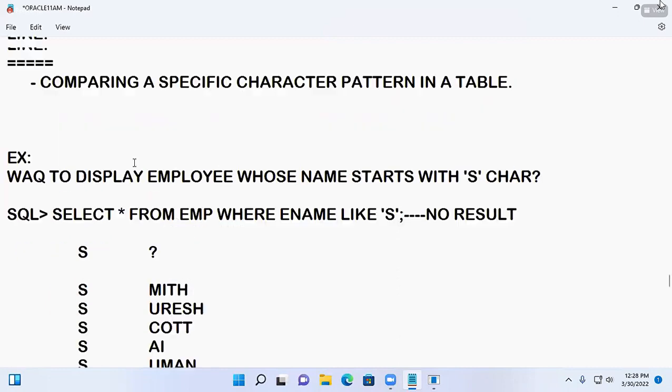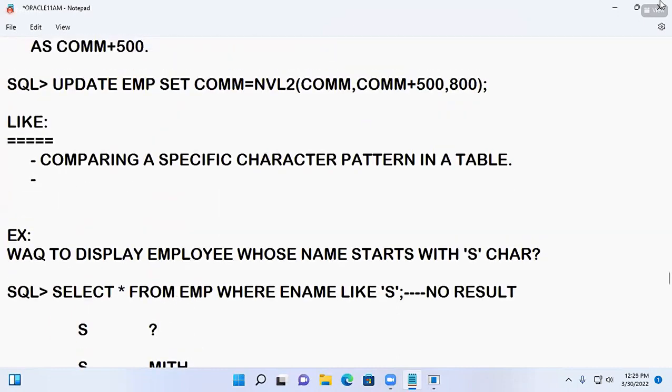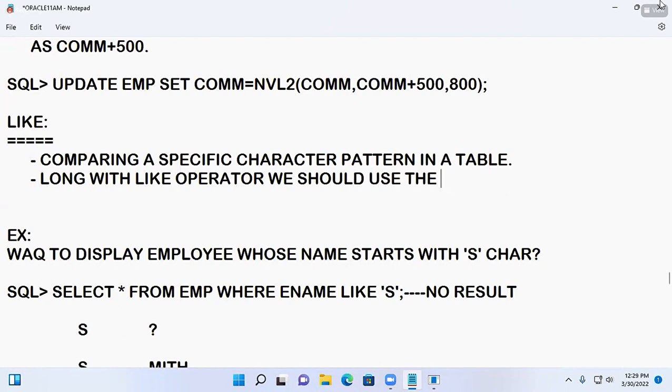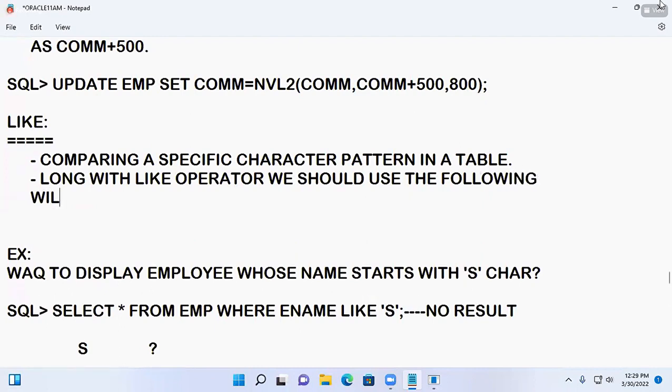For that purpose, along with the LIKE operator, we should use the following wildcard operators. The following wildcard operators are, what are those? Percentile, comma, underscore.